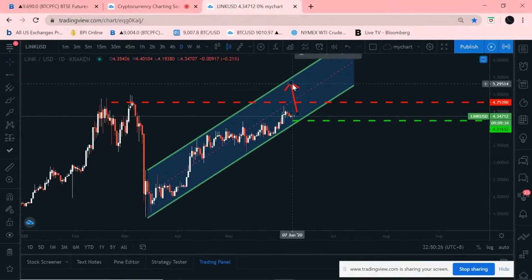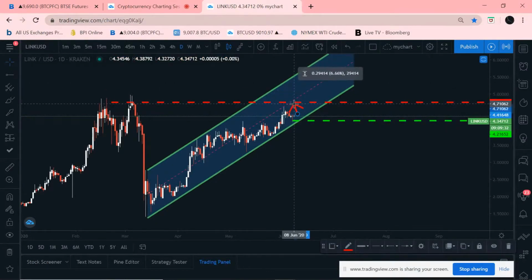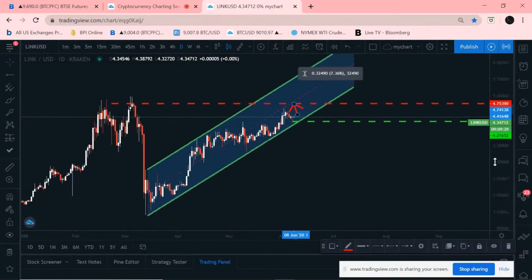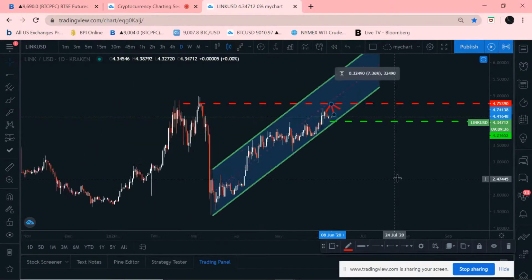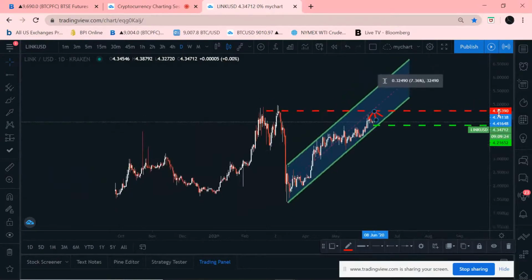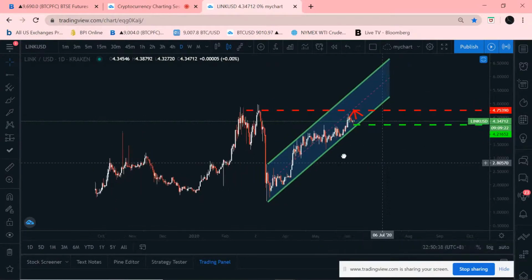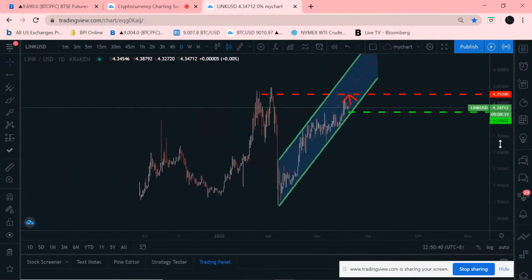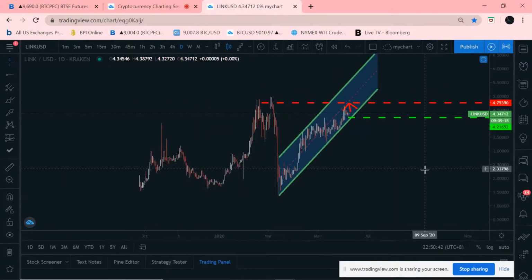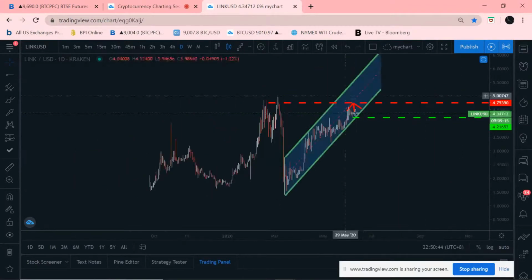I think Chainlink is also one of my favorite cryptocurrencies, aside from Bitcoin and some of the top altcoins. It's also in the top 100, actually one of the top 30.